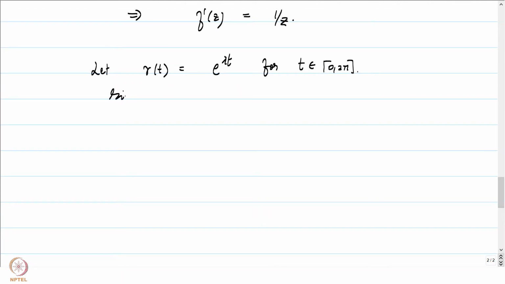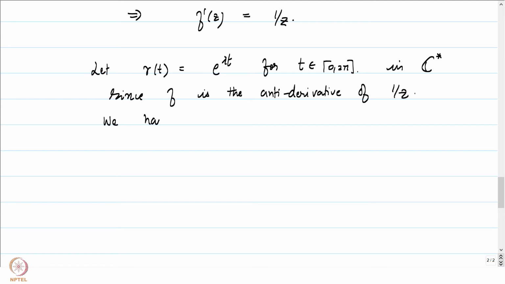And since f is the antiderivative, which is in C star, notice that this is a simple closed curve in C star, and since f is the antiderivative of 1 by z, we have the integral of f prime of z over gamma to be equal to 0.